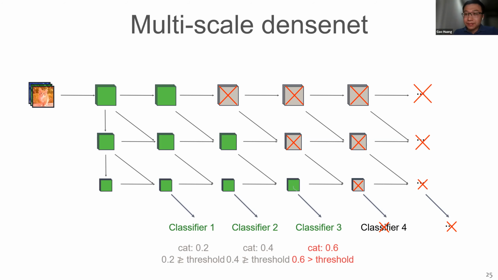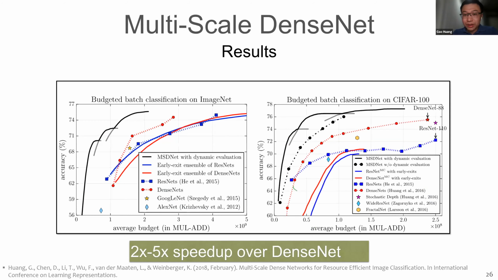This slide shows the results on ImageNet and CIFAR-100, two popular benchmark datasets in computer vision. If we look at the left plot, the vertical axis shows accuracy, and the x-axis shows the computational cost.